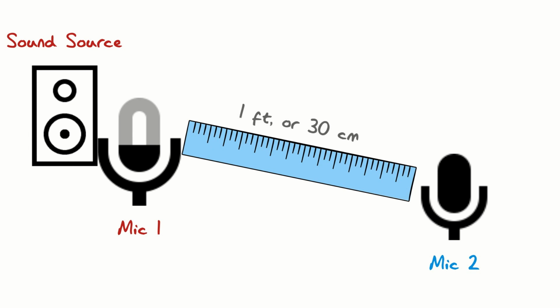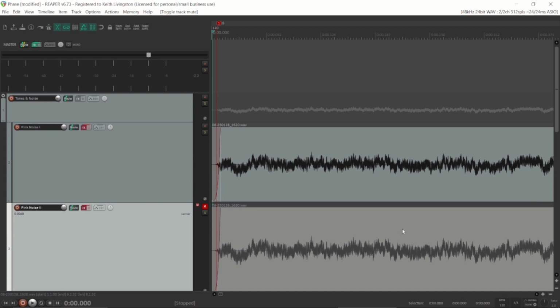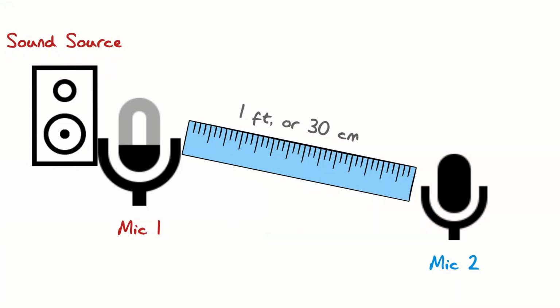These microphones are picking up the same performance. They're aimed at the same instrument. They're going to sound largely the same, much more the same than if the instrument played it twice and you double-tracked. However, there's one major difference. It's going to take the sound a little bit longer to reach the mic that's a foot further back.